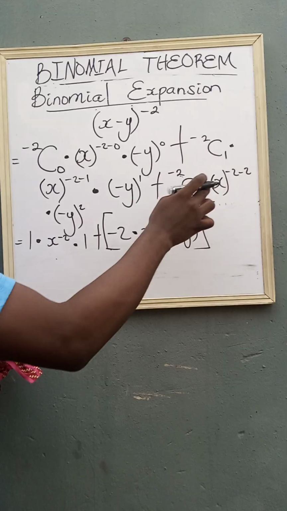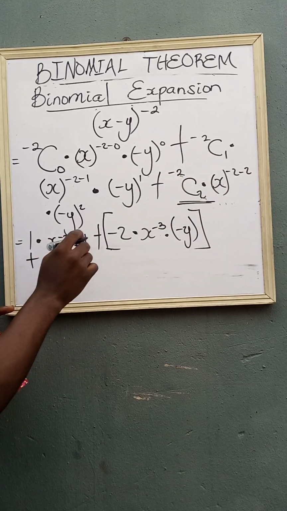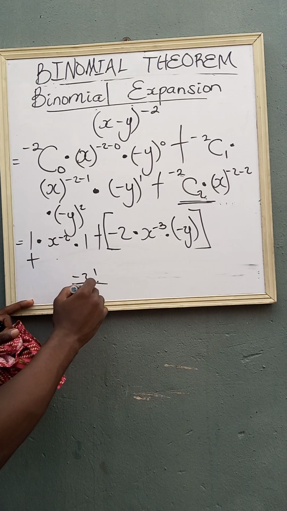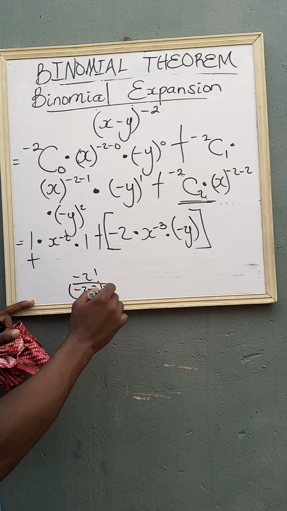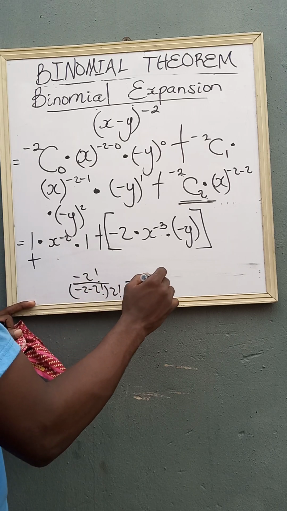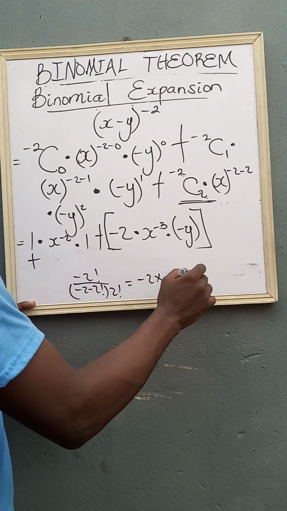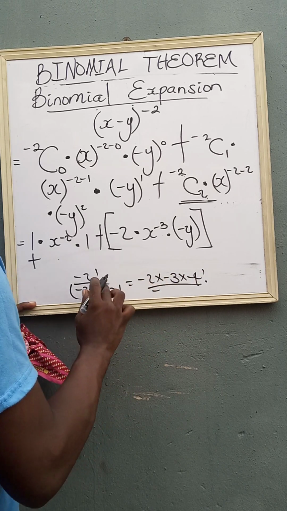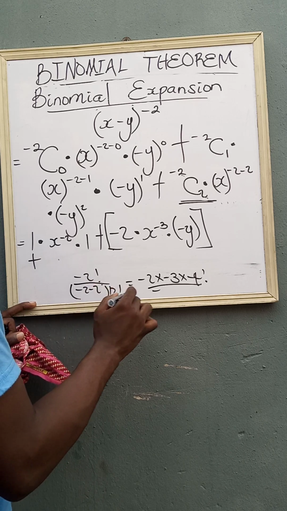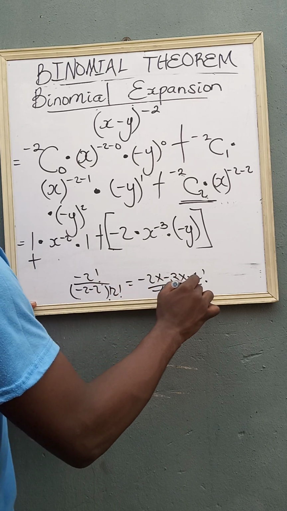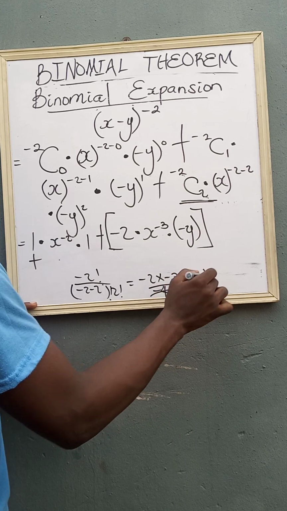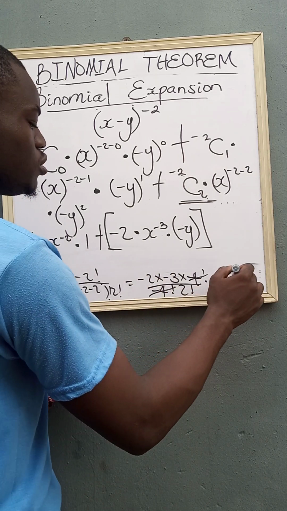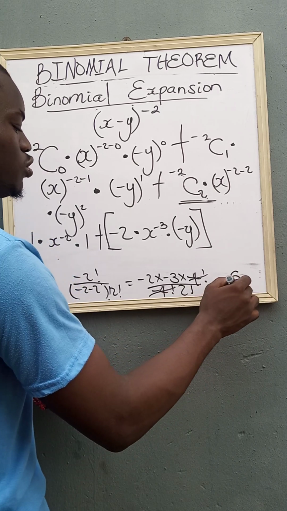To the next term, plus minus 2 combination 2, that's minus 2 factorial over minus 4 factorial and 2 factorial. This is minus 2 times minus 3 times minus 4 factorial over minus 4 factorial, 2 factorial. Minus 4 factorial cancels. So I'm left with minus 2 times minus 3 gives 6, over 2 factorial, which is 2.